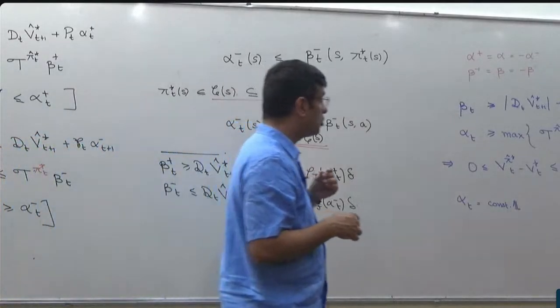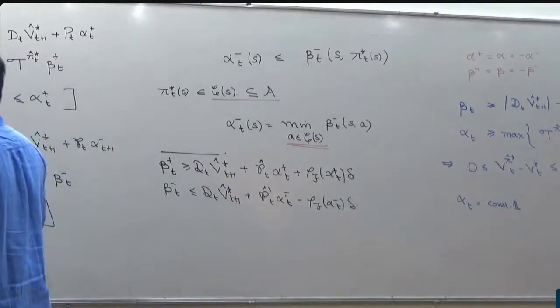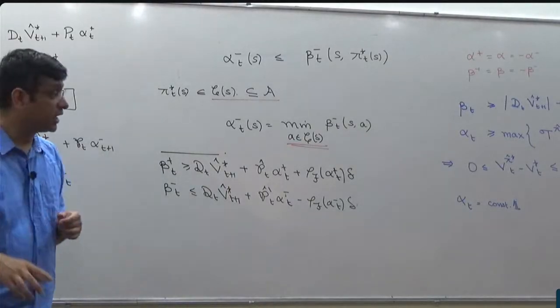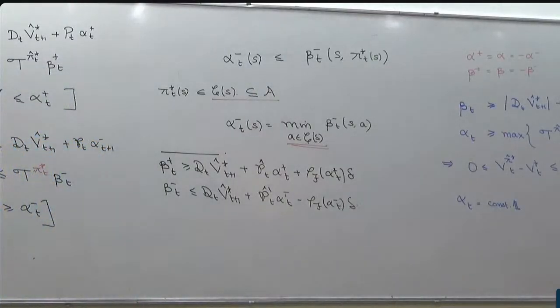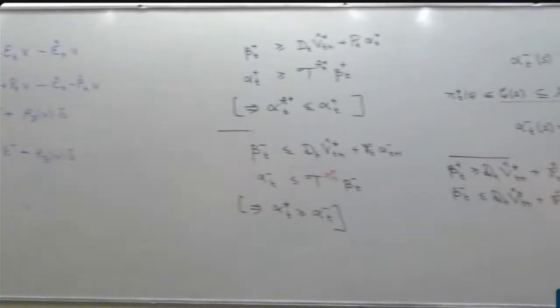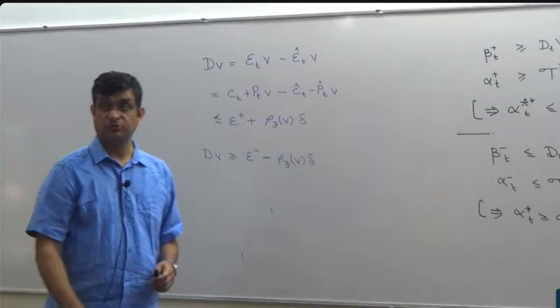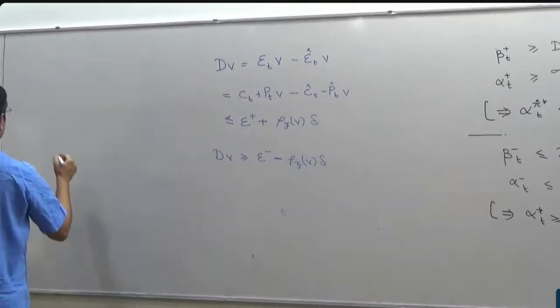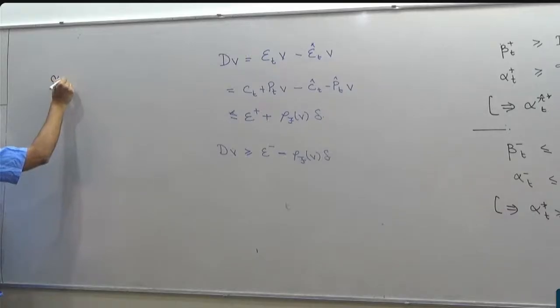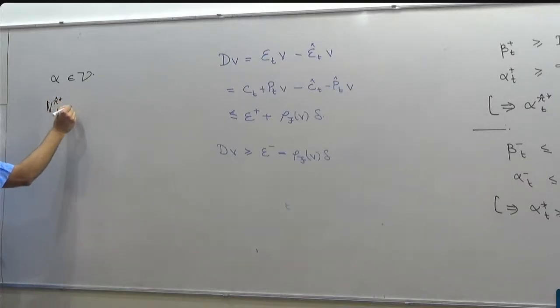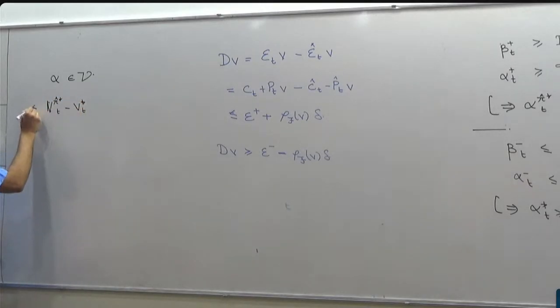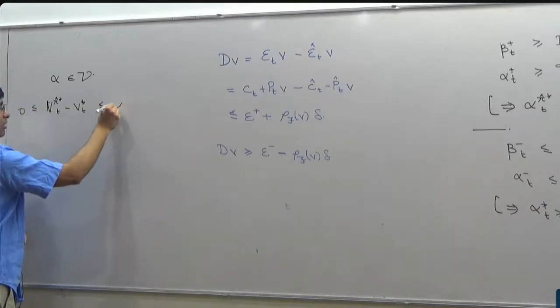This type of bound that we had earlier, it's also worth thinking of other things that one can do. In the literature, there are some types of bounds where we try to get weighted norm bounds. What we have is a bound on V pi hat star t minus V star t, which is less than or equal to alpha.